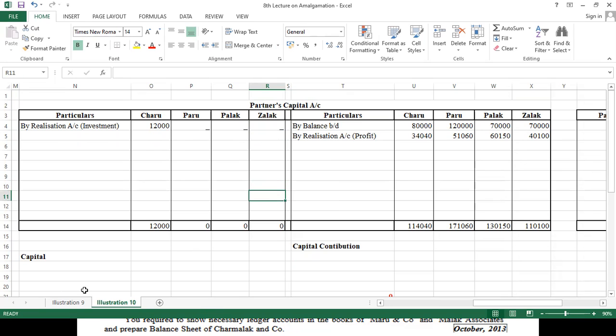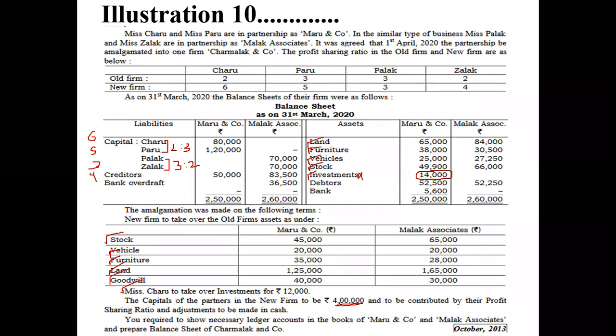Now we are only left with the last adjustment. The last adjustment says the capital is fixed to the extent of rupees 4 lakh and is to be divided amongst the partners as per the new profit sharing ratio. What is the new profit ratio? 6:5:3:4.